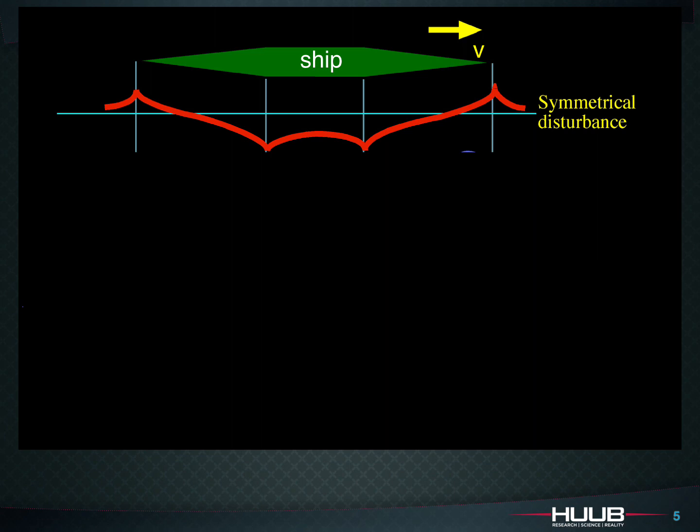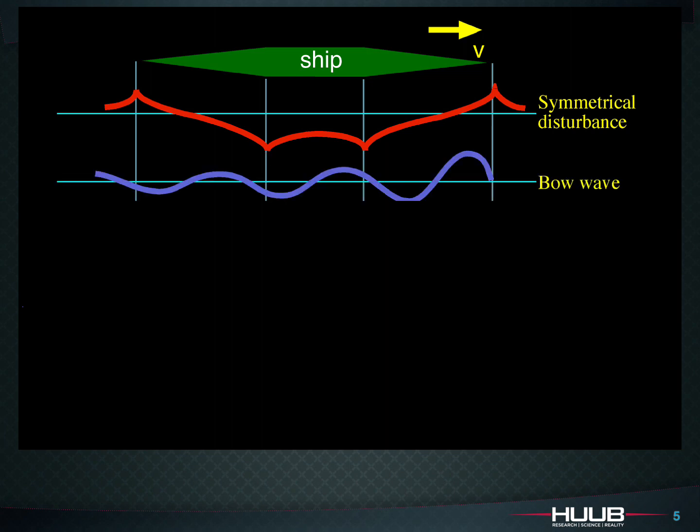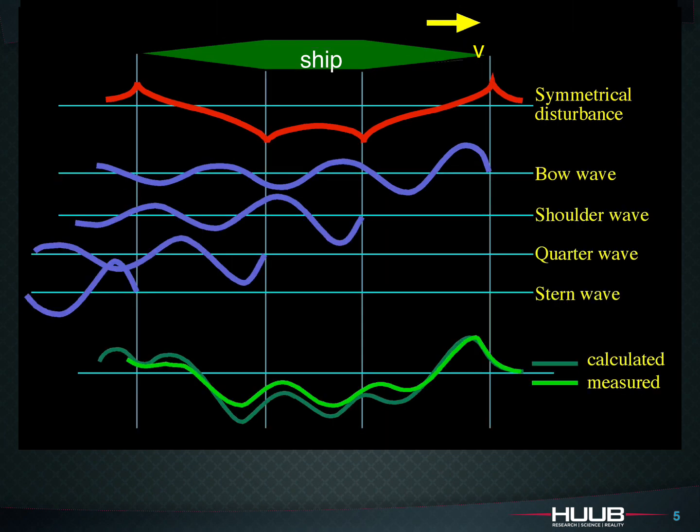These are both positive pressure points, and there are two negative pressure points at the shoulder and the quarter. These all generate waves: the bow wave, the shoulder wave, the quarter wave, and the stern wave. These are summed, and form the total wave system that's traveling with the ship and creating the wave drag of the ship. In addition to that is, of course, also the friction and the pressure drag.